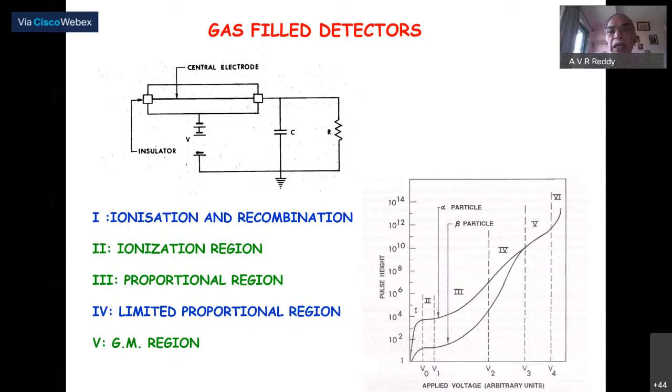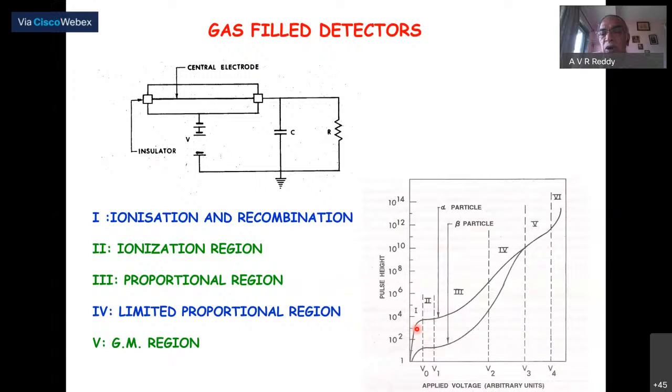In this case, all the ions will be collected. And from there onwards, even if you give a small increment of voltage, this total ionic current will remain constant, or the pulse height will remain constant, because the number of ion pairs per event we will call the pulse height.